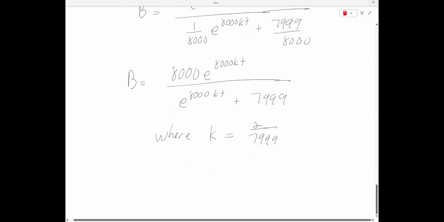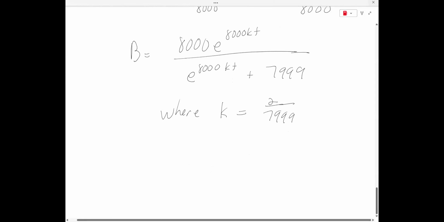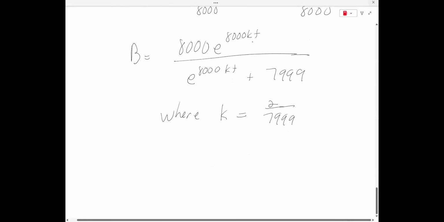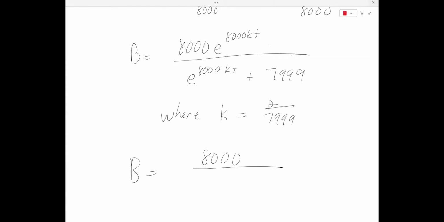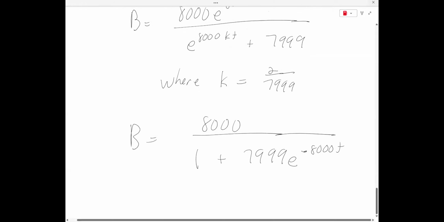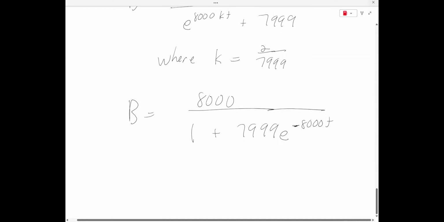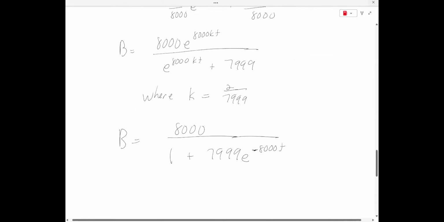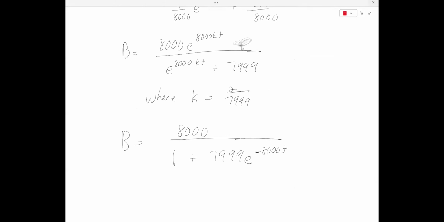Yeah, and I was going to say another way to write it too. If I multiply up and down by e to the negative 8,000 kt, you can also write it like this. Maybe another nice way to write it. You can say 8,000 divided by 1 plus 7,999 e to the negative 8,000 kt. This is probably the best way to write it, the cleanest way. So basically I went up and down by e to the negative 8,000 kt on the top and the bottom.